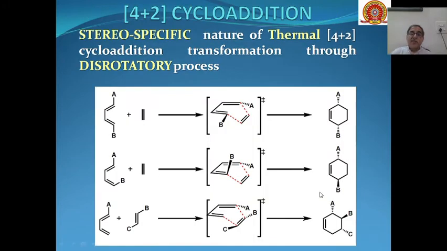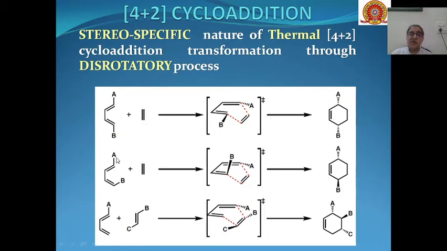Then these are the stereospecific nature of thermal 4+2 cycloaddition transformations, and these are taking place through a disrotatory process. So if you have this as the diene and this as the dienophile, you will get this as the product. A and B will be alpha because they are outside substituents.